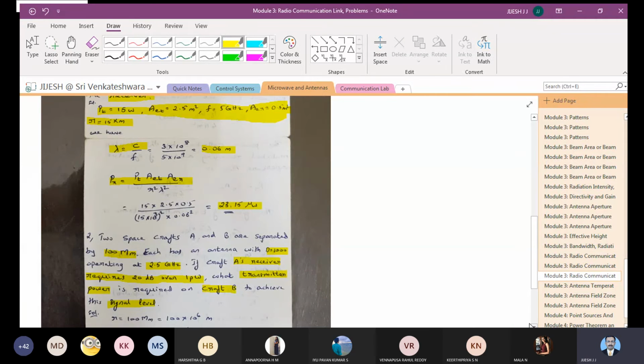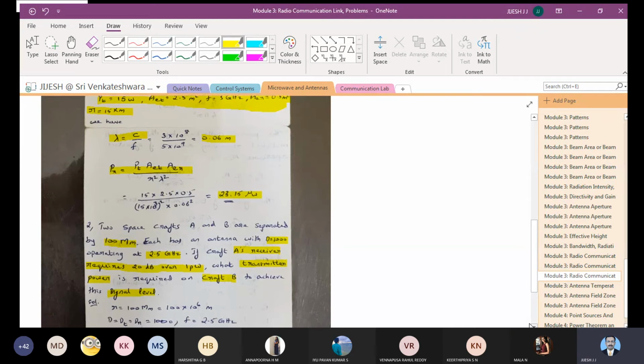You can write it as 100 into 10 to the power of 6 meter. Directivity is given for you. It is told that each has an antenna with the directivity. So you can write it as D is same as DT and DR, which means both DT and DR are 1000.